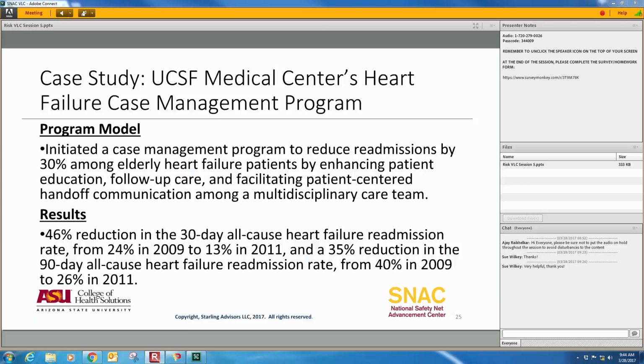So 40% in 2009 to 26% in 2002. So what we see is, by really focusing these targeted case management approaches, a real impact on how these numbers are being affected, and how the patients are basically staying out of these cycles of continuously being readmitted.